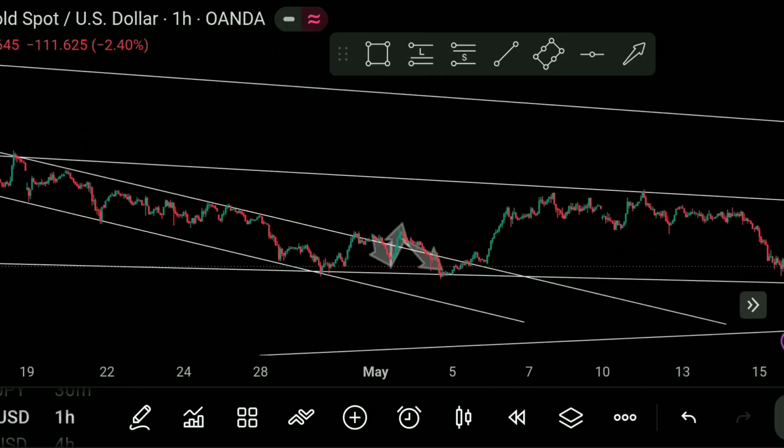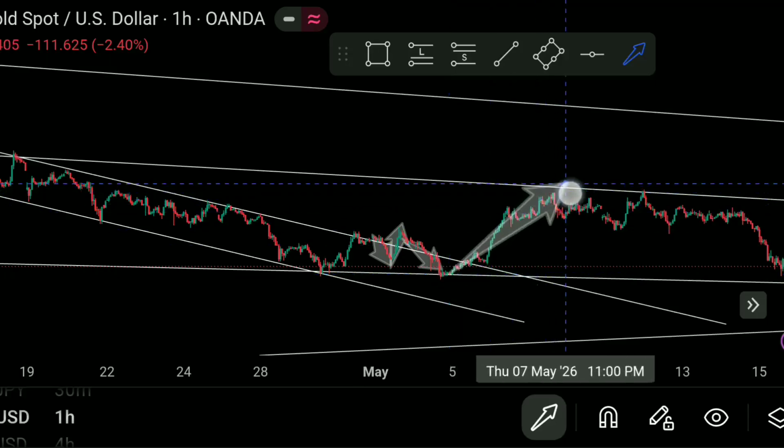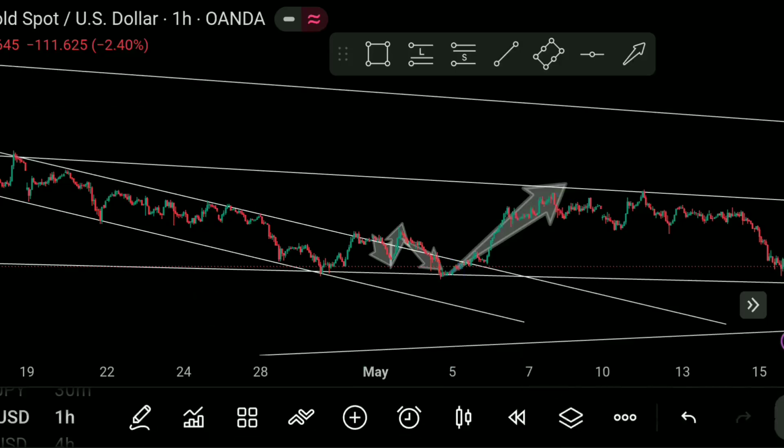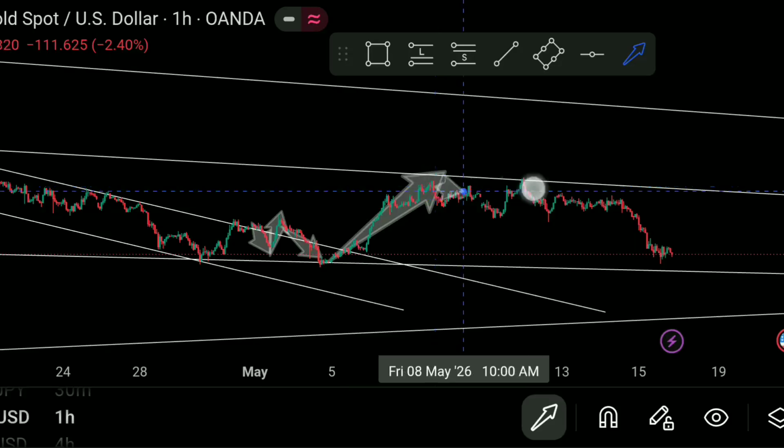And once it touched that 30 minutes trend line, what happened? It went up. It went up to the 30 minutes resistance trend line. Then what happened? It now formed a range.